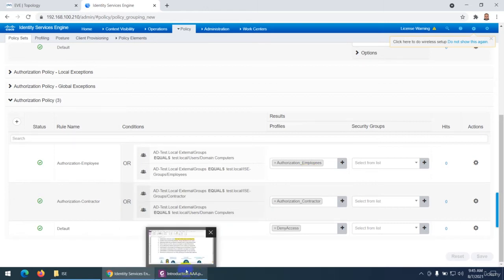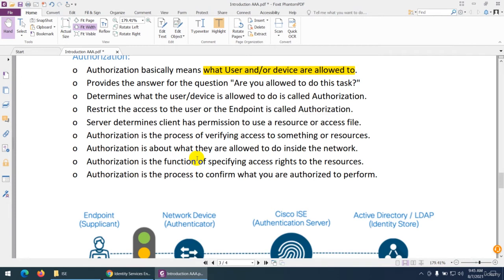Just to give an example. It means authorization provides the answer to the question, are you allowed to do this task? It means what you can do in the network, or what you can do in the device.